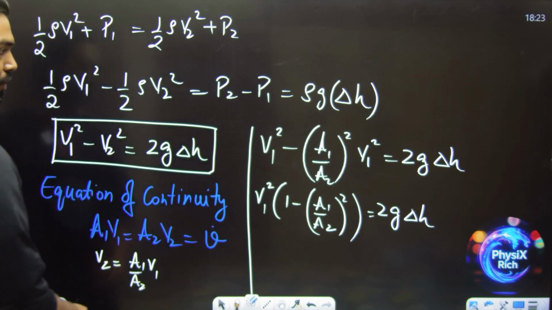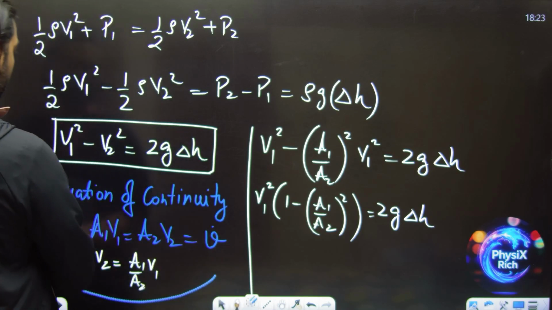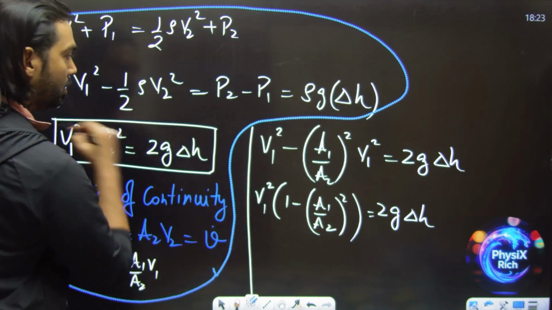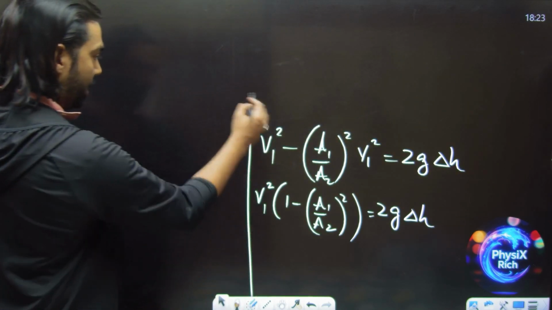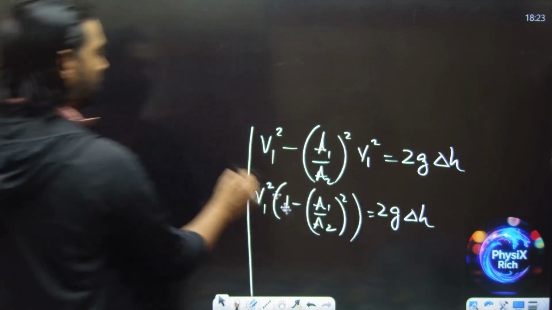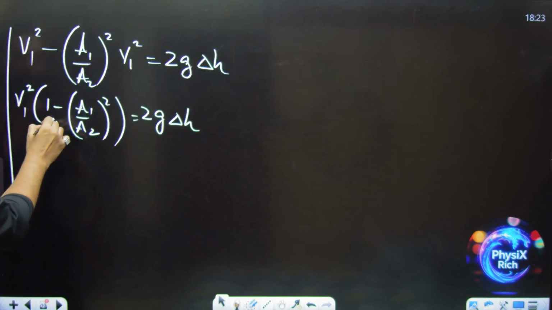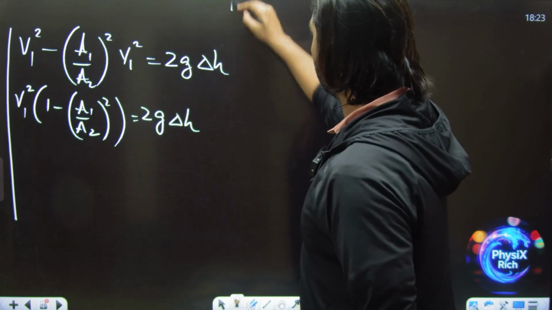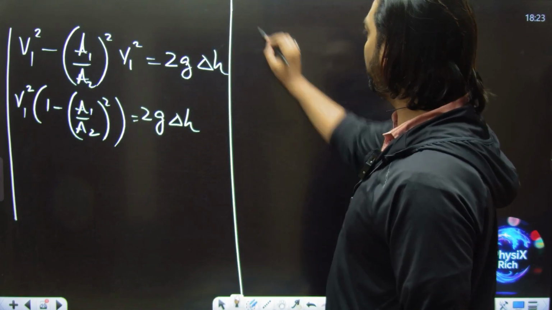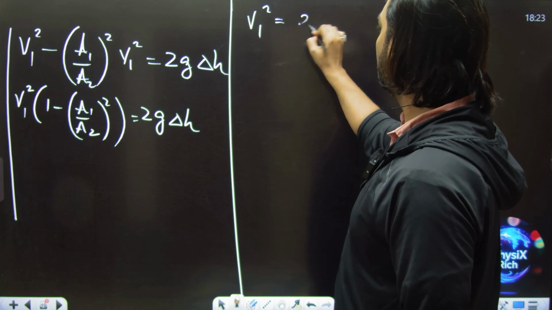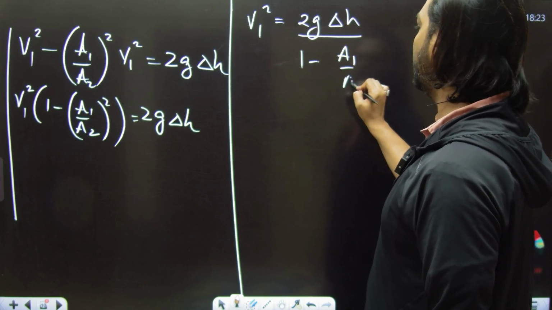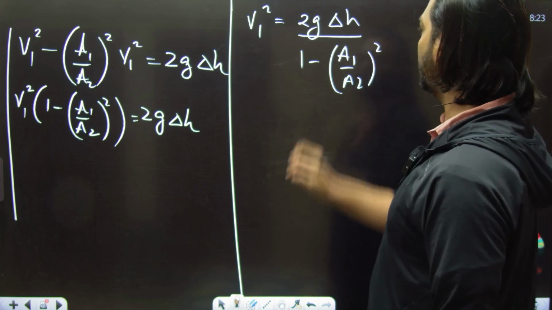I will just remove this part because we have no use of this part as of now, and we'll put this part over here. So what do we have? We have V1 square equals 2g delta h upon 1 minus A1 by A2 the whole square.